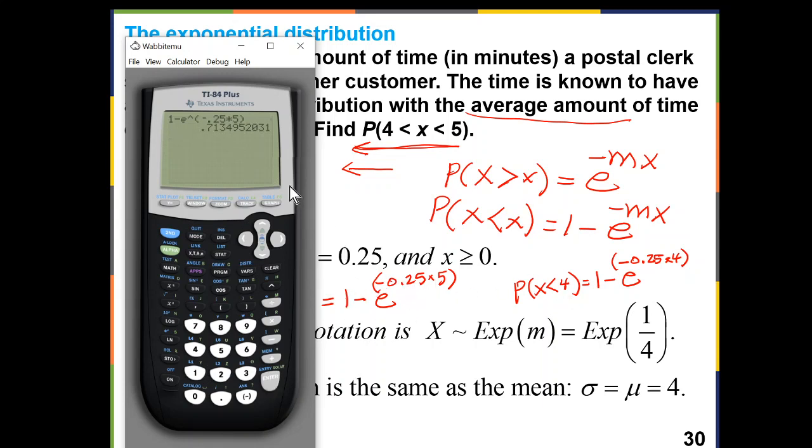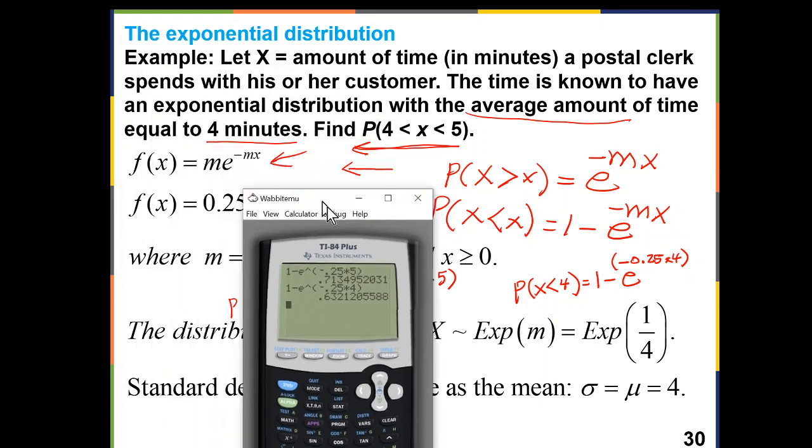Then I want to take this probability and subtract it from this, right? So let me find it separately. It would be 1 minus, again, e to the power of negative 0.25 times 4 this time. And that's that, right?